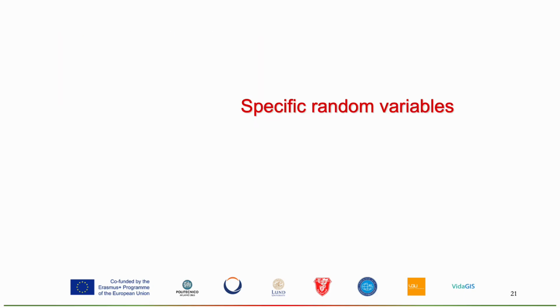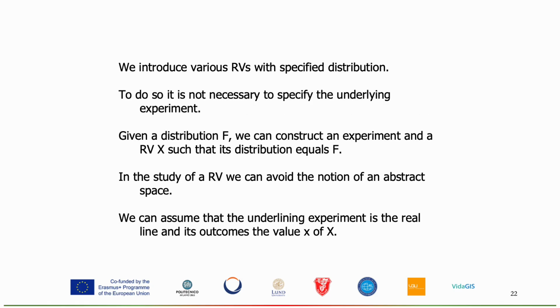Now we are going to see some examples of random variables, firstly in the discrete case and then in the continuous case. Why are we introducing them? Because they have specific distributions and they represent specific possible outputs of typical experiments.